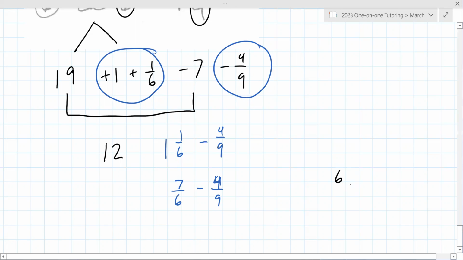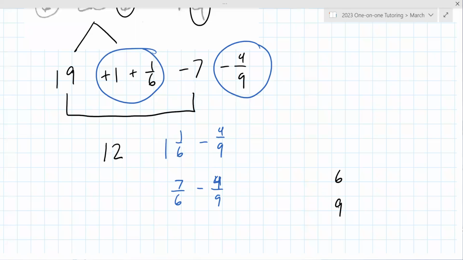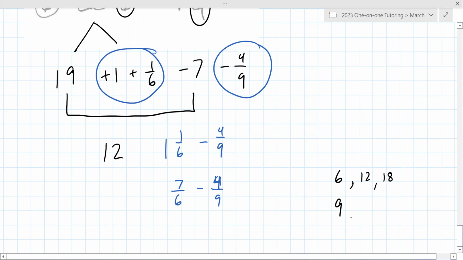Oh no, wait, I'm sorry, I'm saying the wrong thing. Greatest common factor. Okay, then it would be 6. This is where you go up: 6, 12, 18, because you're trying to find a common denominator. And maybe that's how we should have said it. How do you find the common denominator here? 18.